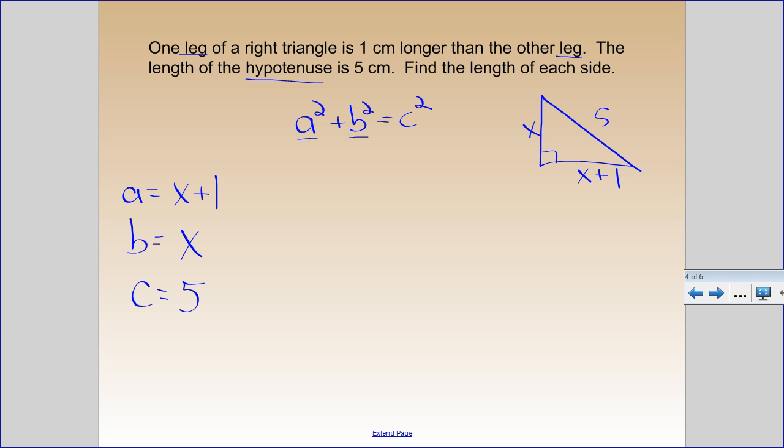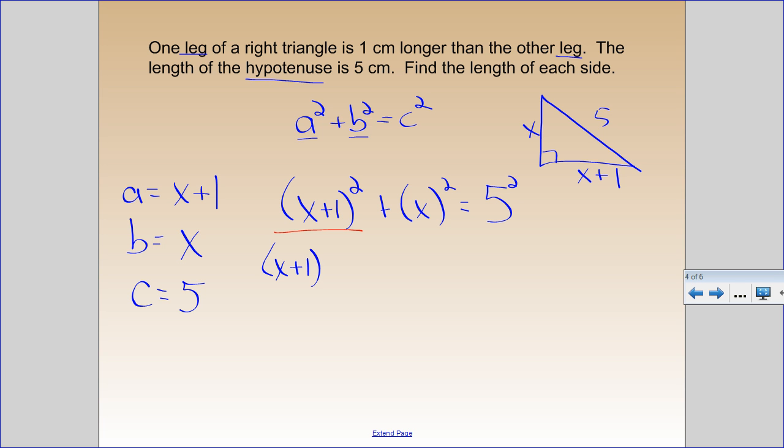Now we say that the length of our one side, our a, which is x plus 1 squared, plus our b, which is x squared, has to equal our hypotenuse squared, which is 5 squared. Now we should try to simplify this, but we're going to have to combine some like terms first. And the difficult part in this problem is remembering that this x plus 1 squared, this binomial squared, needs to be written out and multiplied.